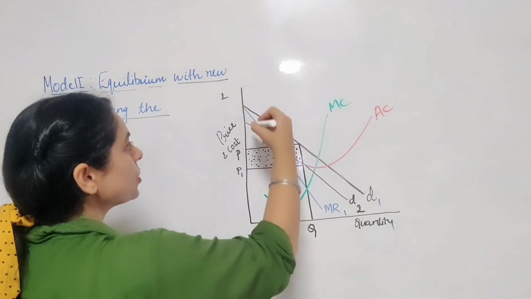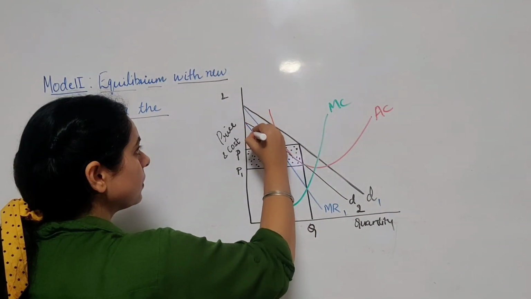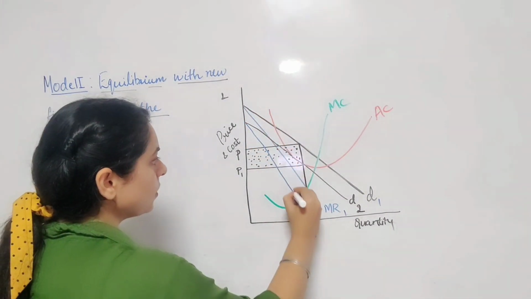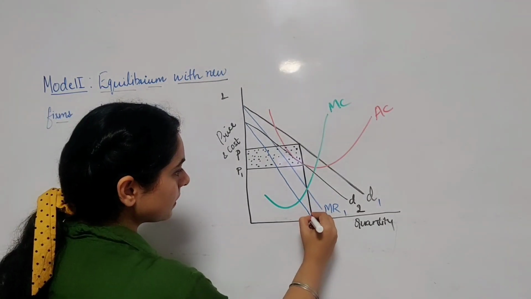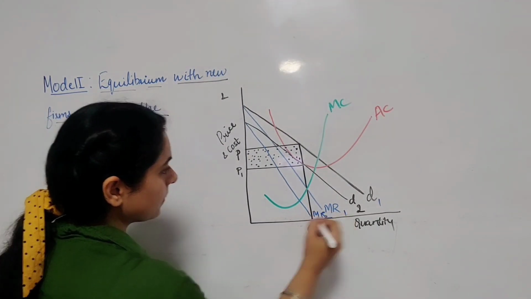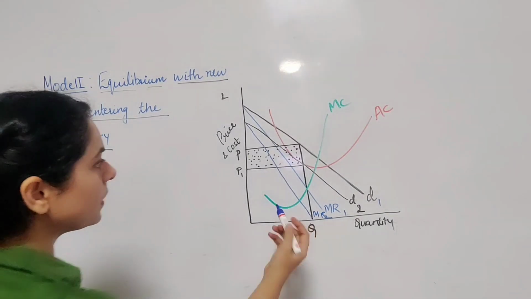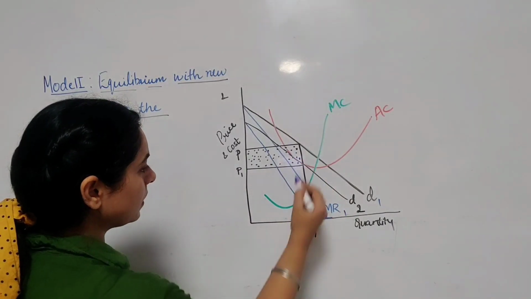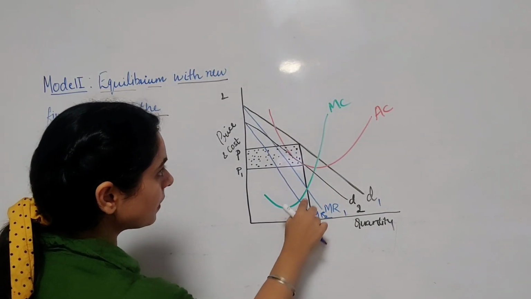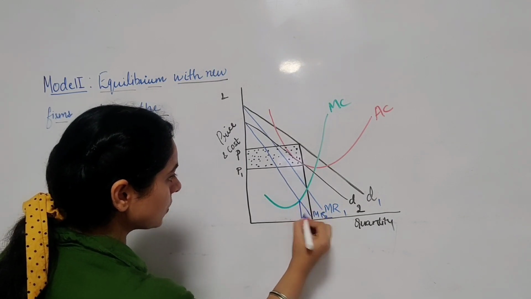The corresponding marginal revenue curve for D2 demand curve is MR2. The equilibrium will now be established here where the marginal revenue curve is equal to marginal cost.